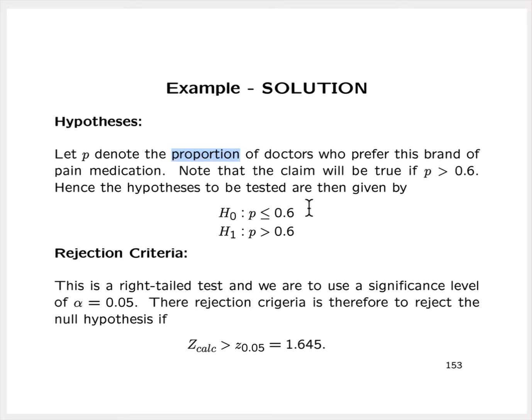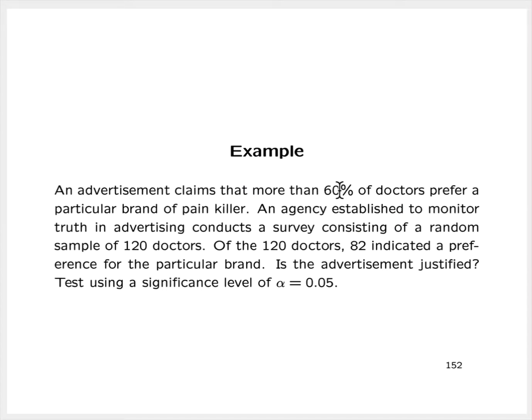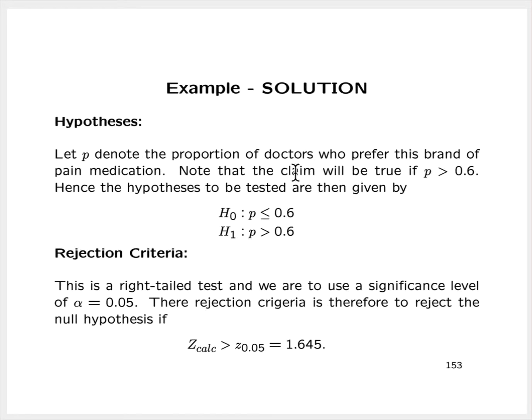And so we're going to state, even though the claim is stated in terms of percentages, we're going to translate that into a statement involving proportions because that's how the hypotheses are represented. So note that this claim will be true if and only if the proportion of doctors who prefer this particular brand of pain medication is greater than 0.6.